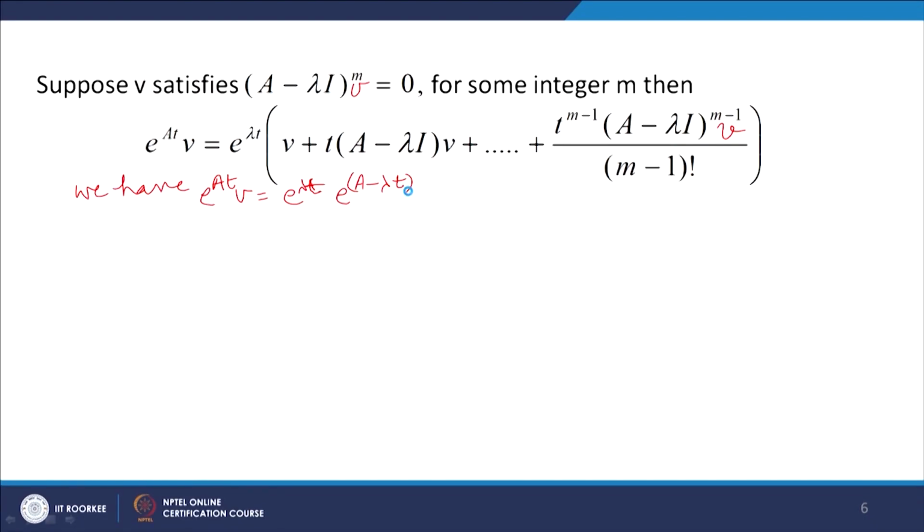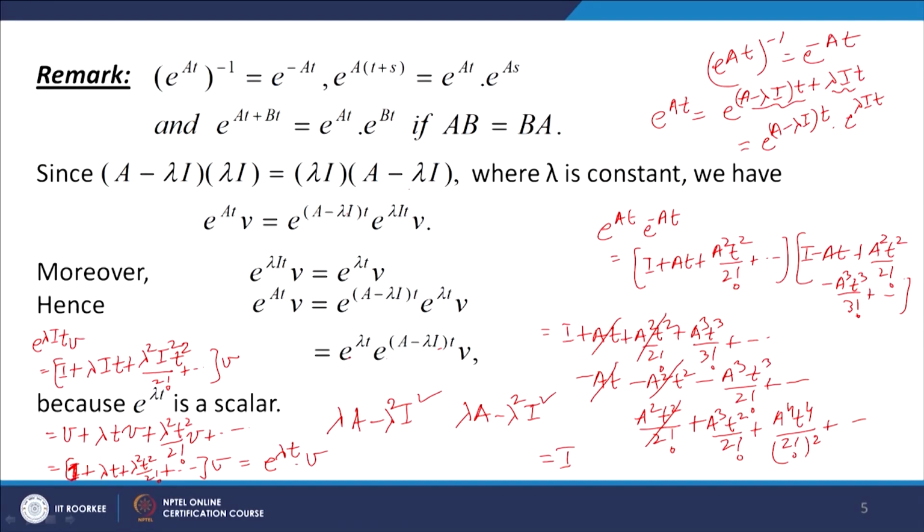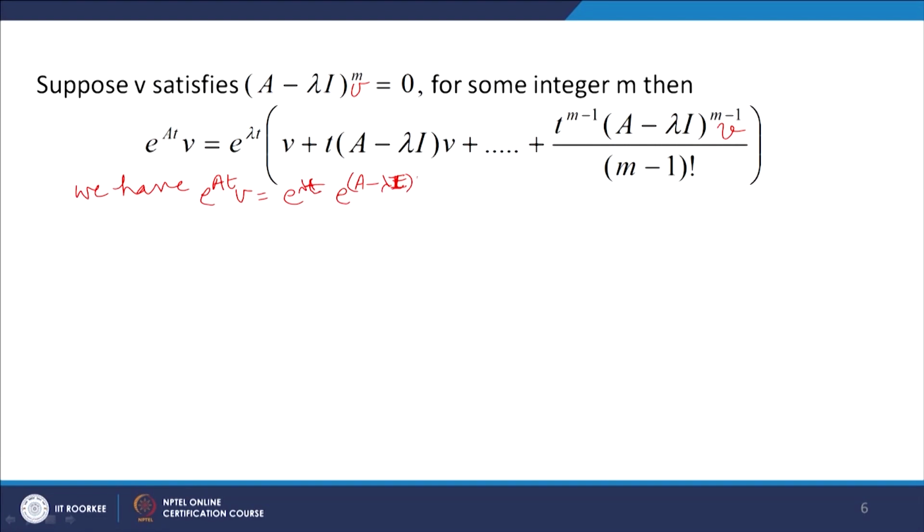Okay, this is what we have: e to the power A t into b equal to e to the power lambda t into e to the power (A minus lambda I) t operating on b.